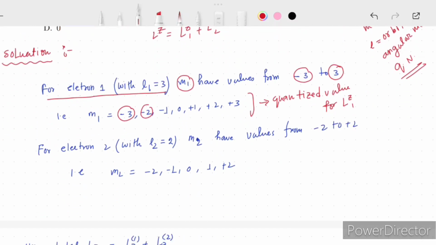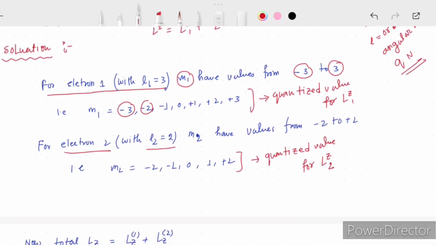Similarly, for electron 2, when the orbital quantum number is 2, these are the quantized values for Lz2. These two sets are the quantized values for the fixed orbital quantum numbers L1 equals 3 and L2 equals 2.